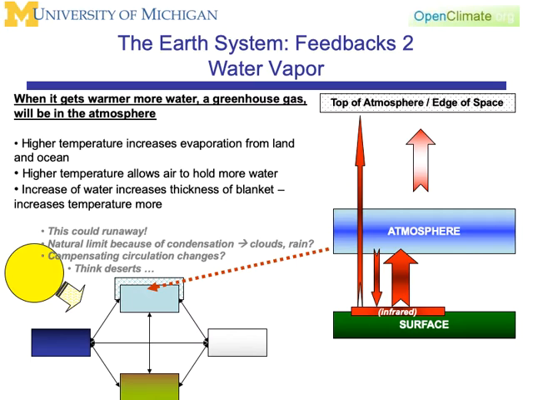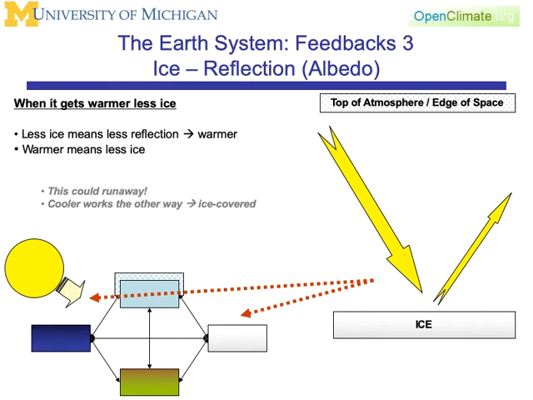The other feedback that's sort of intuitive and plays a big role in what's going on is what's known as the ice reflection or the ice albedo feedback, which is essentially that ice is white. White things reflect. So if you melt all the ice, then you're probably going to replace it with something dark that absorbs. And this is one of the things that's happening in the Arctic with Arctic sea ice.